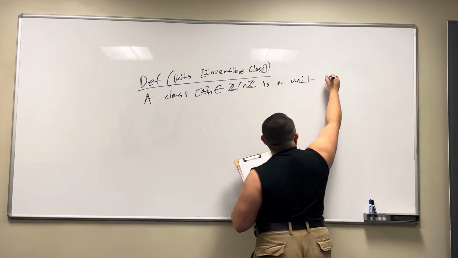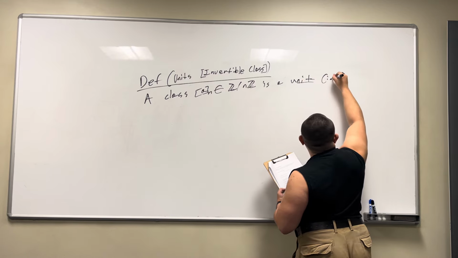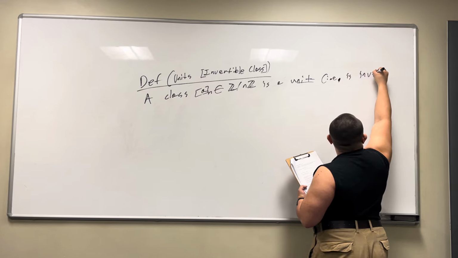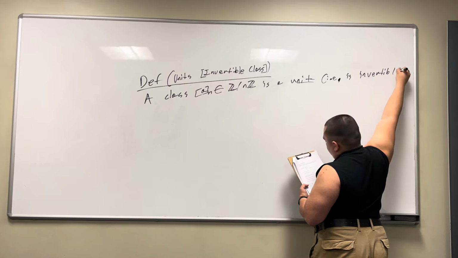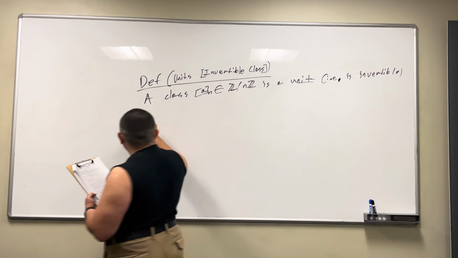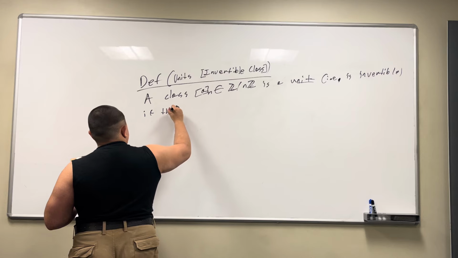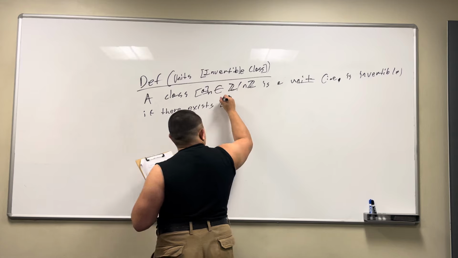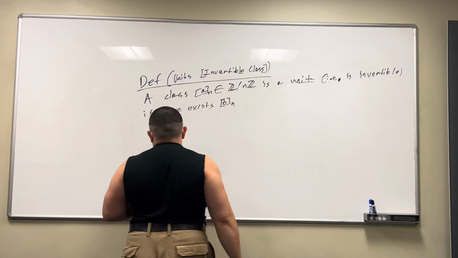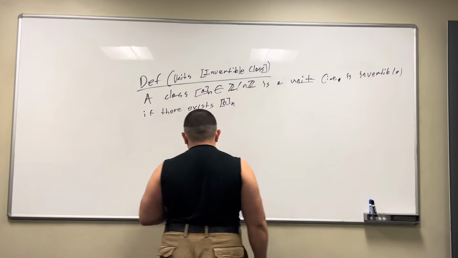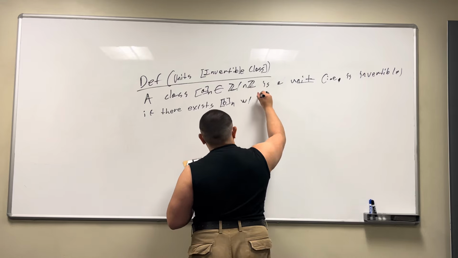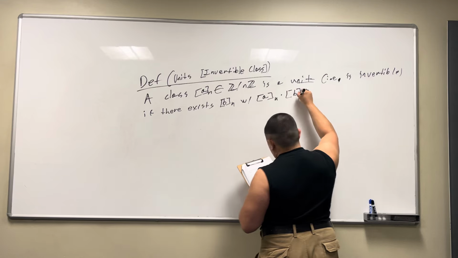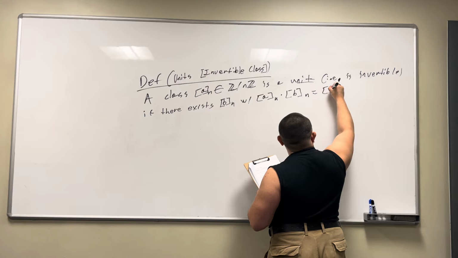Is a unit, i.e., that is invertible, if there exists a residue class B mod n, or just B mod n, with A mod n times B mod n equal to 1 mod n.